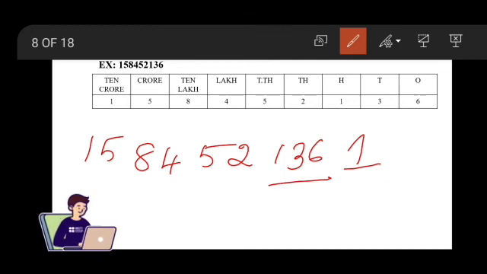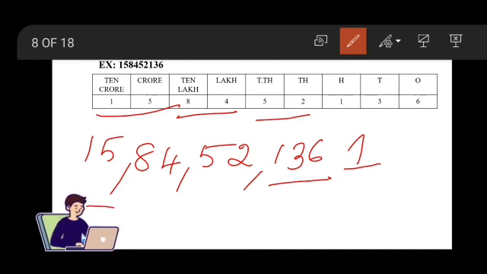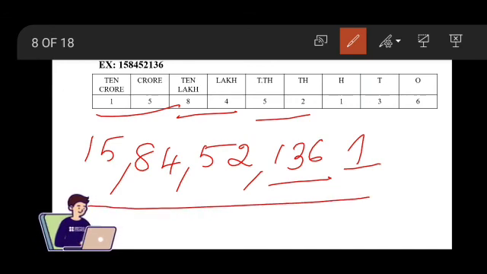So we group them as one single period and insert the comma next to the fourth digit of the given number. Then 1000 and 10,000 into one group, lakh and 10 lakh in one group, crore and 10 crore in one group. So this is how we have to insert the commas according to their place values.